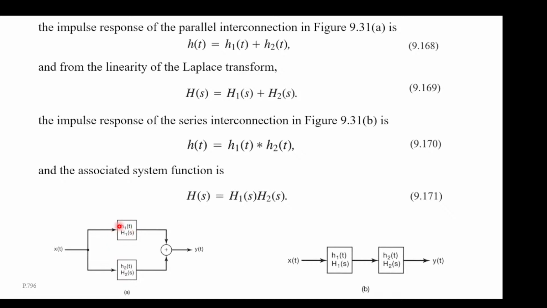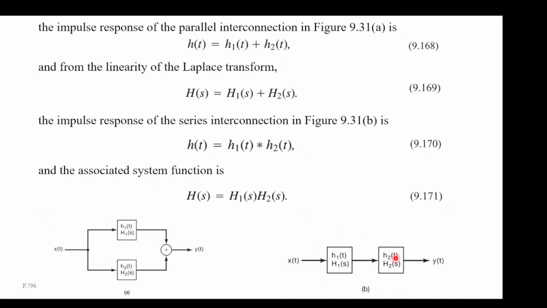For the parallel interconnection, the impulse response of the whole system is you adding those two things together. Then by linearity, you do the Laplace transform on both sides, and you see that the system function for the whole thing is just the system function for the upper thing plus the system function for the lower thing.